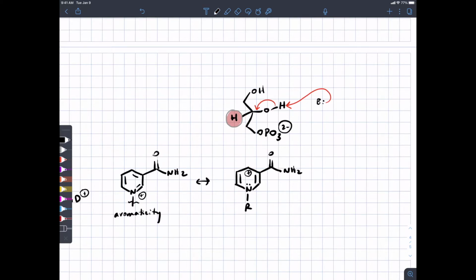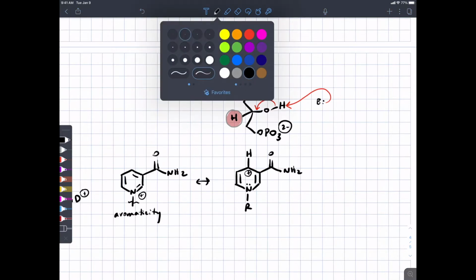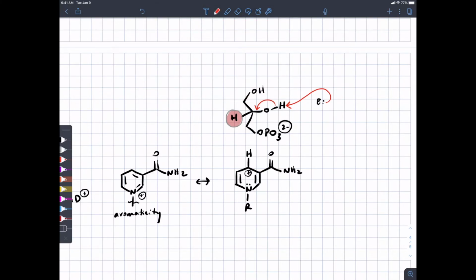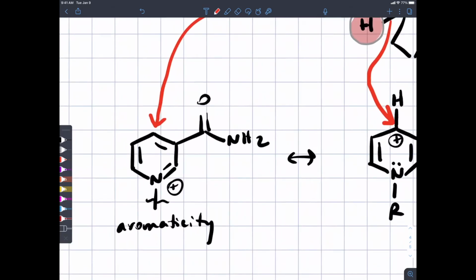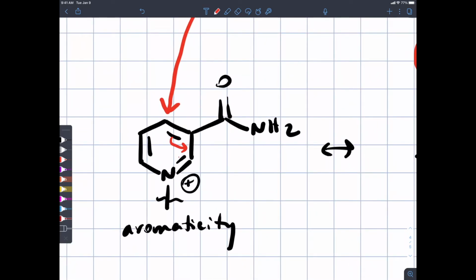And there's already a hydrogen there. It was implied, not shown. It's going to go right where the positive charge is. If you want to draw the mechanism over here, you can do that. It just requires a few more arrows.